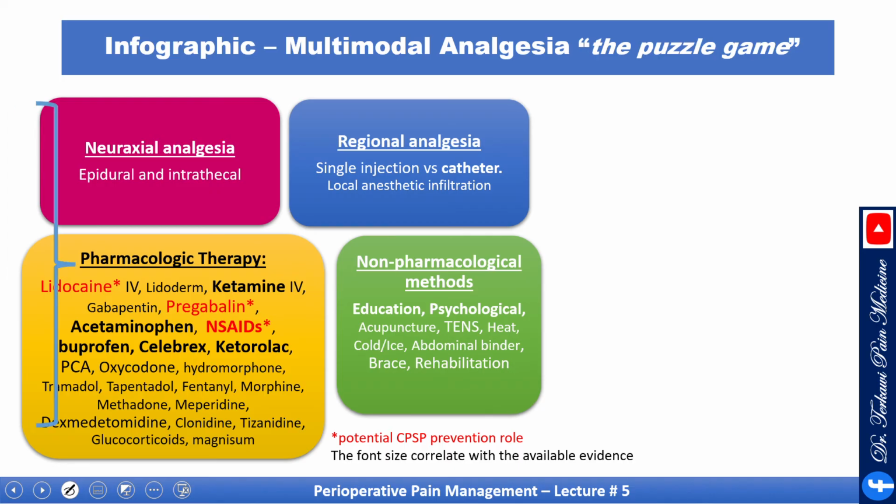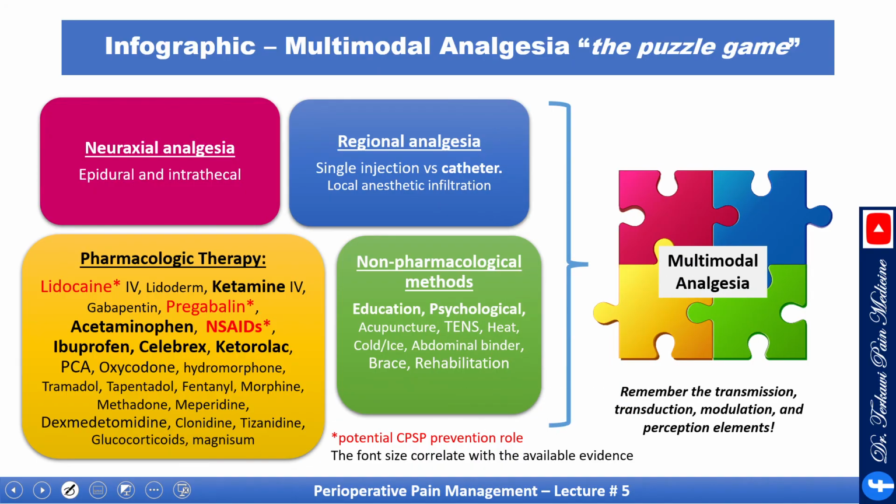So if you take all of these, and these are the pieces of the puzzle, pick from them and put them together to build up your multimodal analgesia, keeping in mind that you also want to cover transduction, transmission, modulation, and perception.